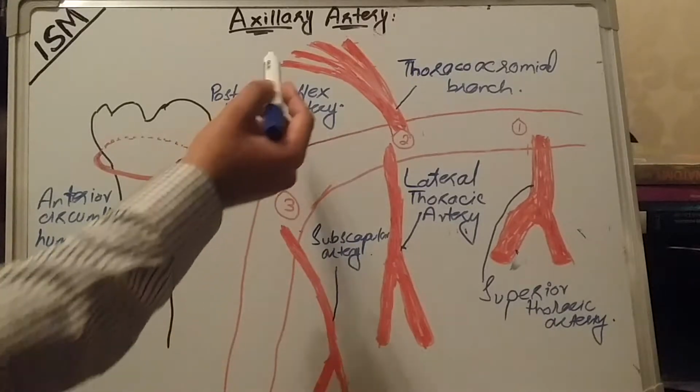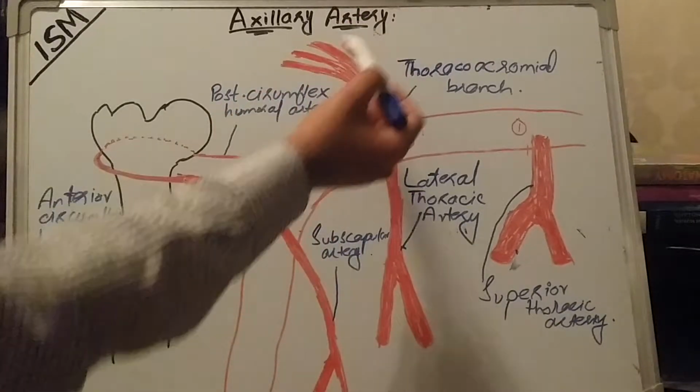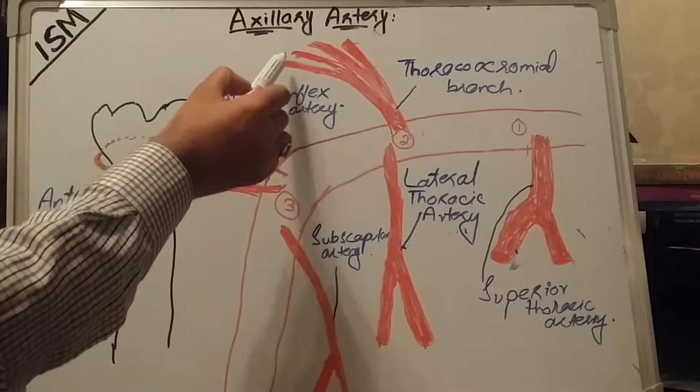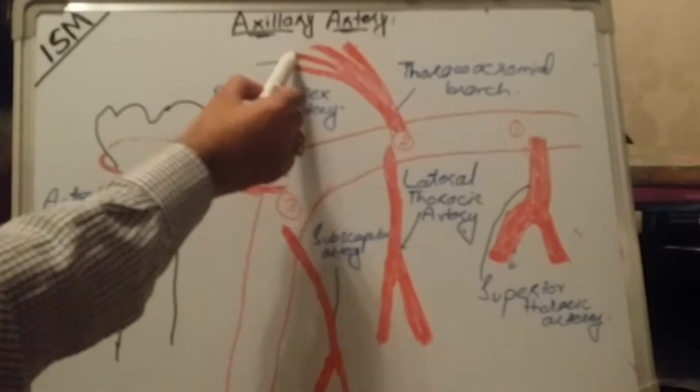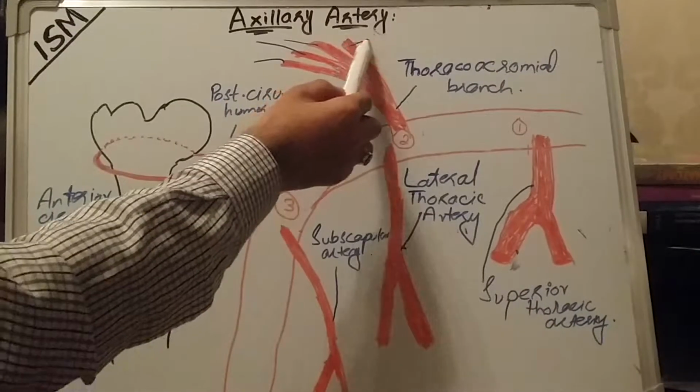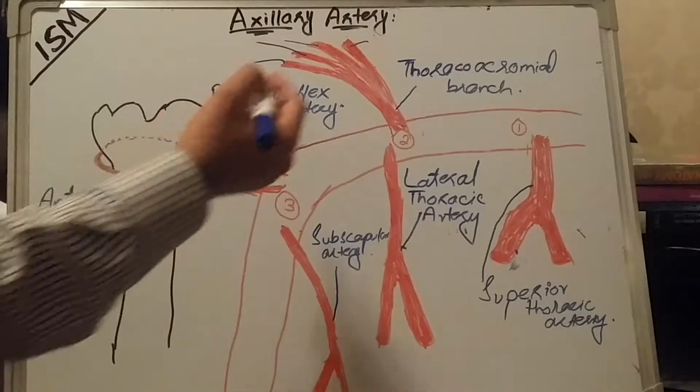If you want to discuss the branches, sub-branches of the thoracoacromial artery, then it will be the acromial branch, the pectoral branch, the clavicular branch, and the deltoid branch.